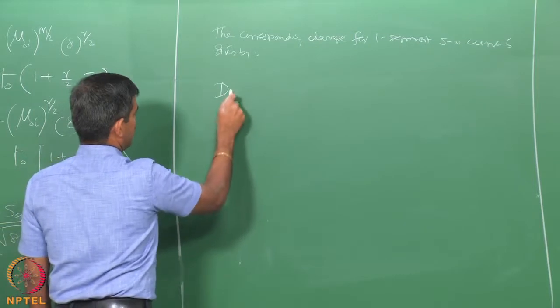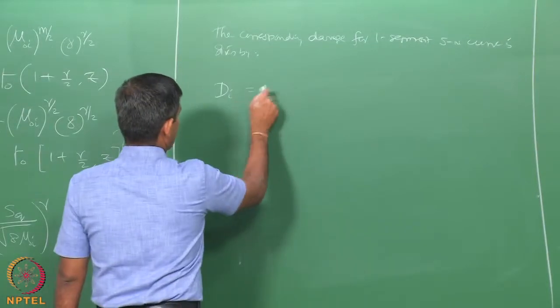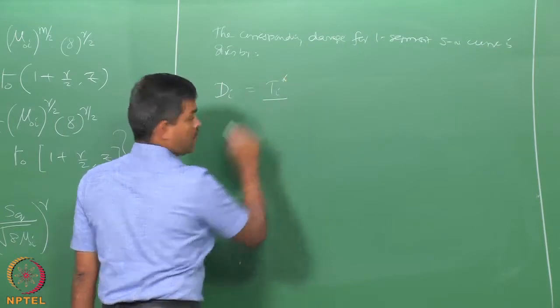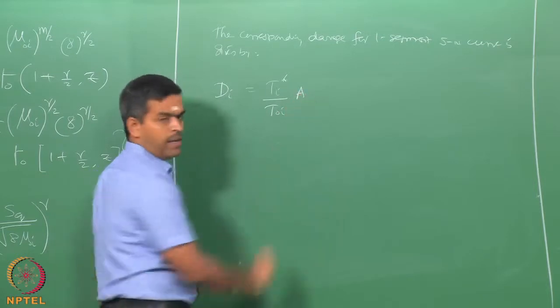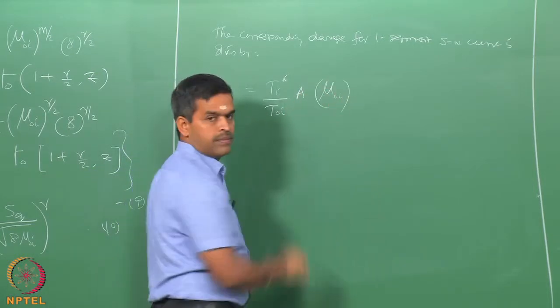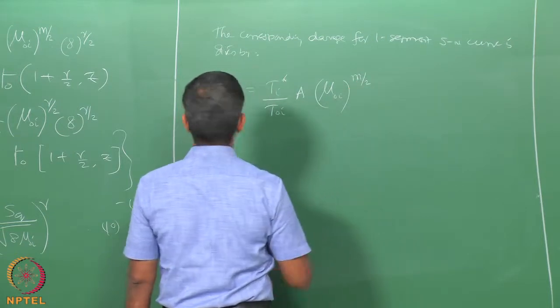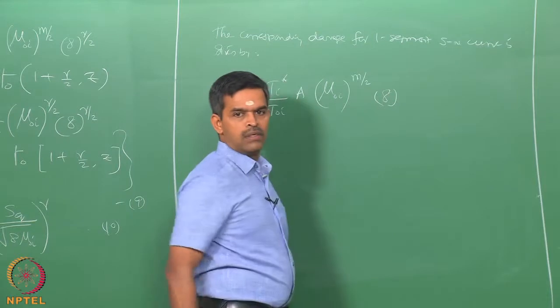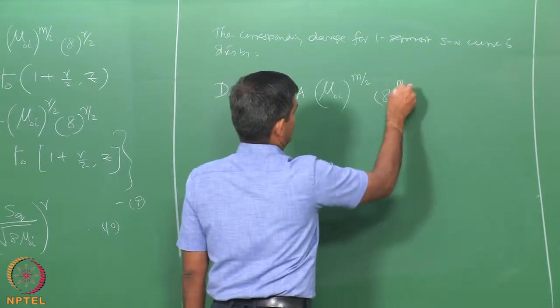d i, that is for the ith short term C state, is d i star by T 0 I A mu 0 I to the power m by 2, 8 to the power m by 2.